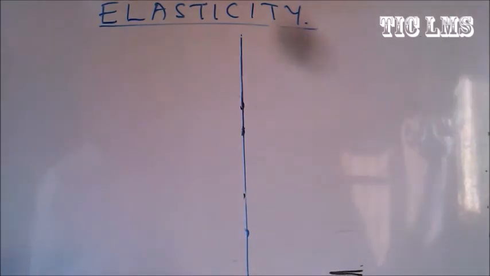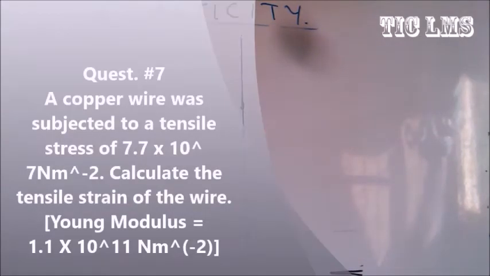This next question says that a copper wire was subjected to a tensile stress of 7.7 times 10 raised to power 7 Newton per meter squared. Calculate the tensile strain of the wire, taking Young modulus to be equal to 1.1 times 10 raised to power 11 Newton per meter squared.